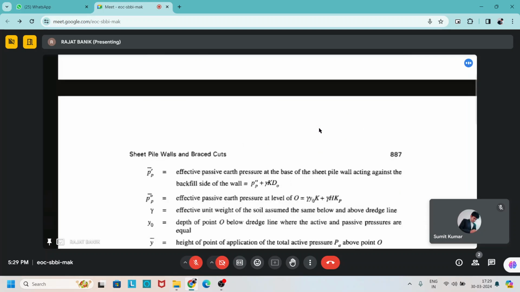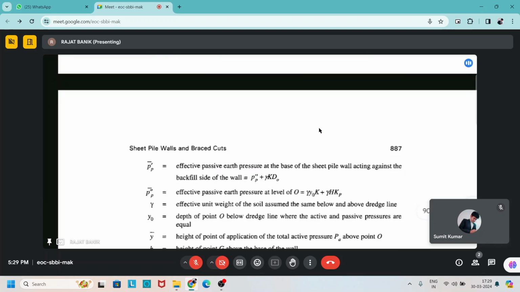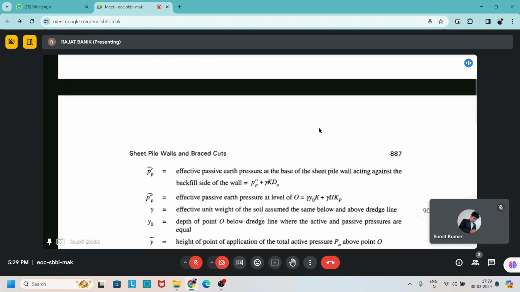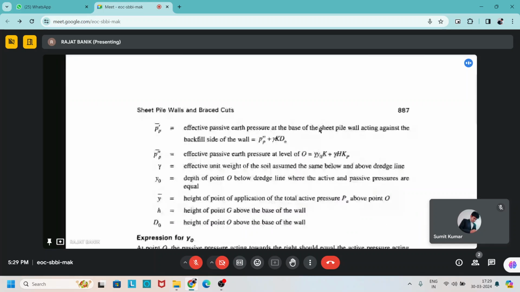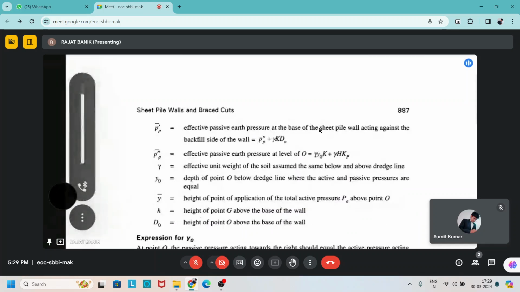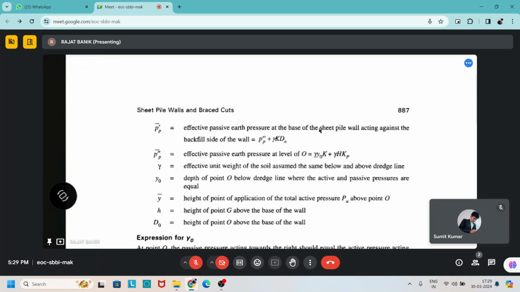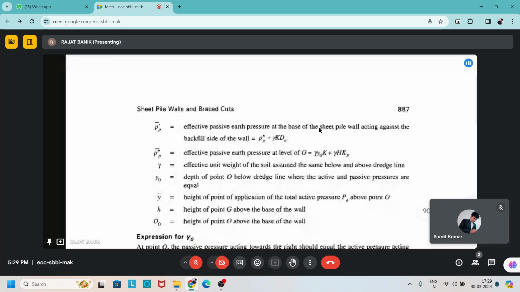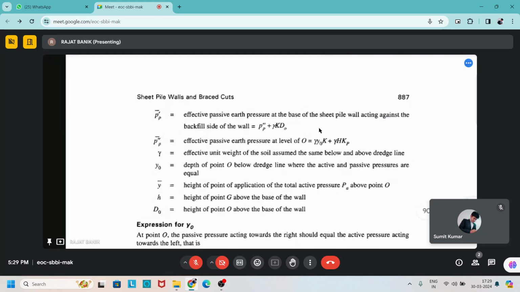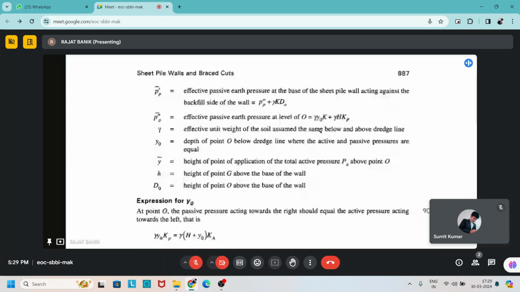P dash P bar is equal to the effective passive earth pressure at the base of the sheet pile wall, acting on the backfill side of the wall, which is equal to Pp double dash plus gamma K' D naught. And then the effective passive earth pressure at the level of O is equal to gamma Y naught K' plus gamma H Kp, which is equal to Pp double dash 1.